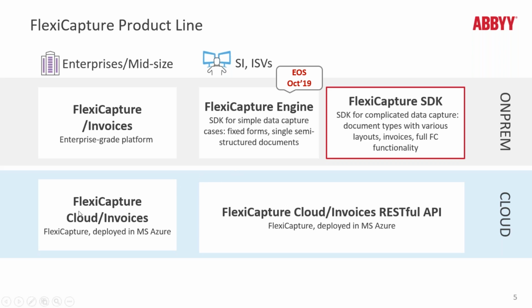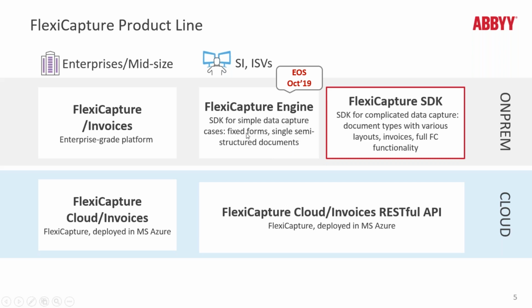The cloud offering is similar: FlexiCapture Cloud and FlexiCapture Invoices Cloud, that's our distributed platform, but in the cloud. And then you can see we also have an offering that's available as a RESTful API. Again, both of these are deployed in Azure, and you can choose your location for where that's hosted. So again, we cover the distinction here.